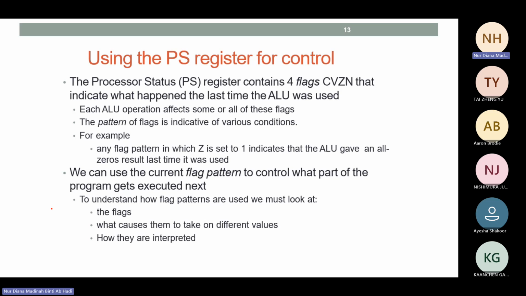So we can use the current flag pattern to control which part of your program is executed next. To understand how your flags are used, you might look at the factors that cause them to take different values and how they are interpreted.